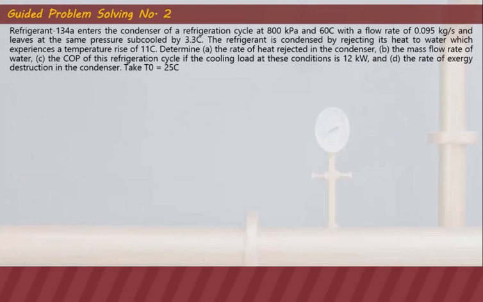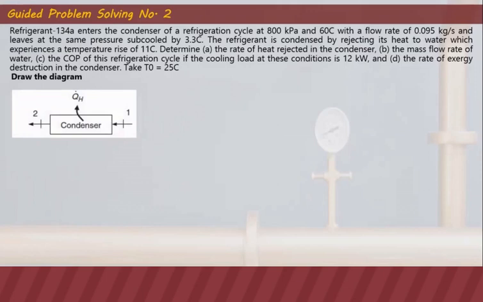Determine the rate of heat rejected in the condenser, the mass flow rate of water, the coefficient of performance of this refrigeration cycle if the cooling load at this condition is 12 kW, and the rate of exergy destruction in the condenser. We take TO as 25 degrees Celsius.